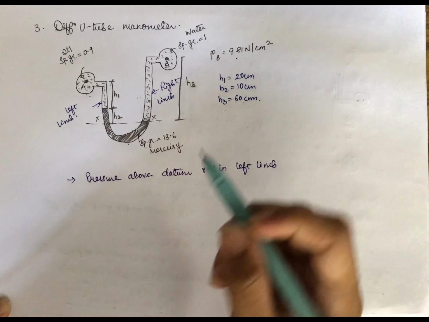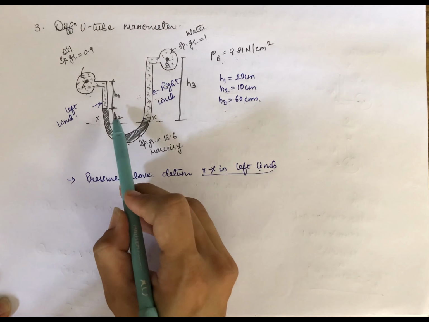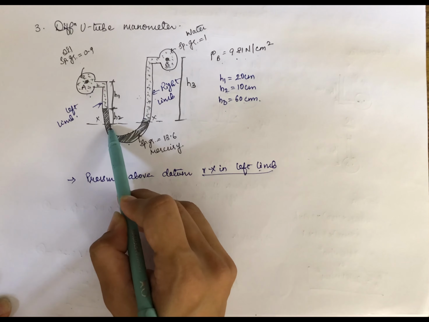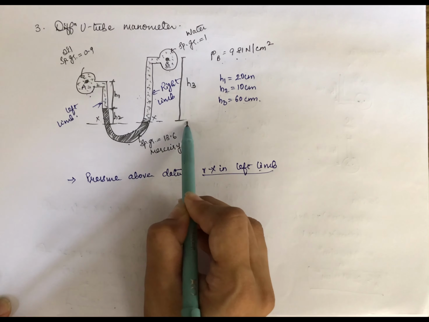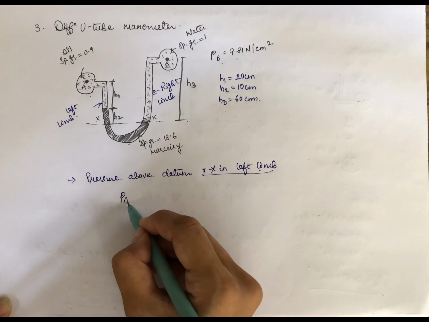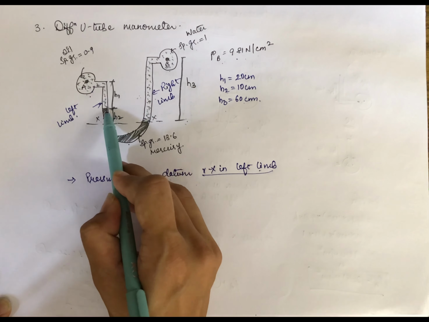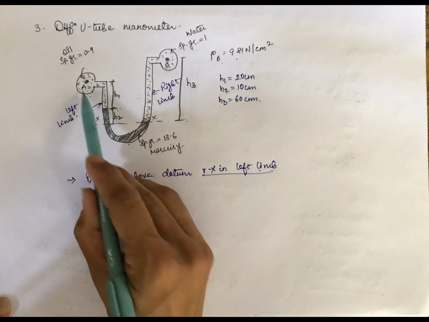Now, we need to solve the pressure about datum XX in the left limb first. If we talk about the left limb, then we have two fluids in the left limb above datum XX. Starting here, the pressure at point A will be PA plus, and you can see that up to height H1, the liquid which is filled is oil.